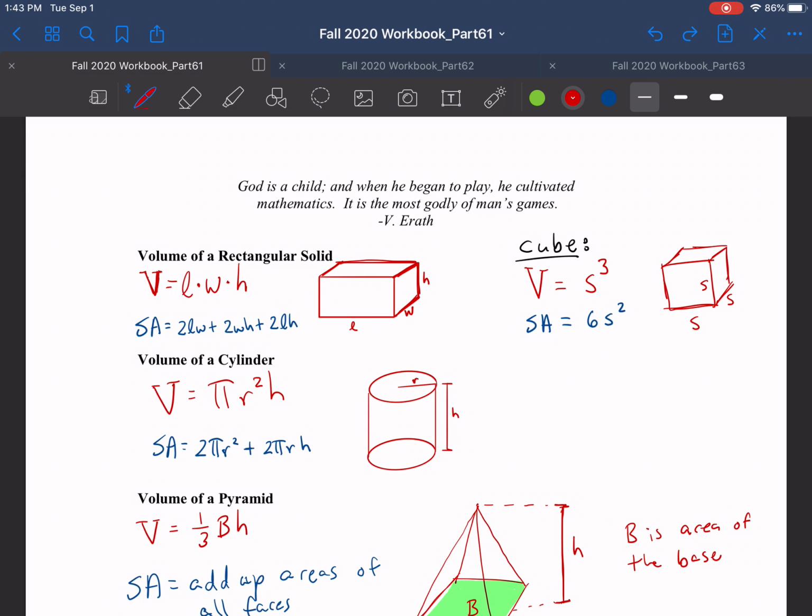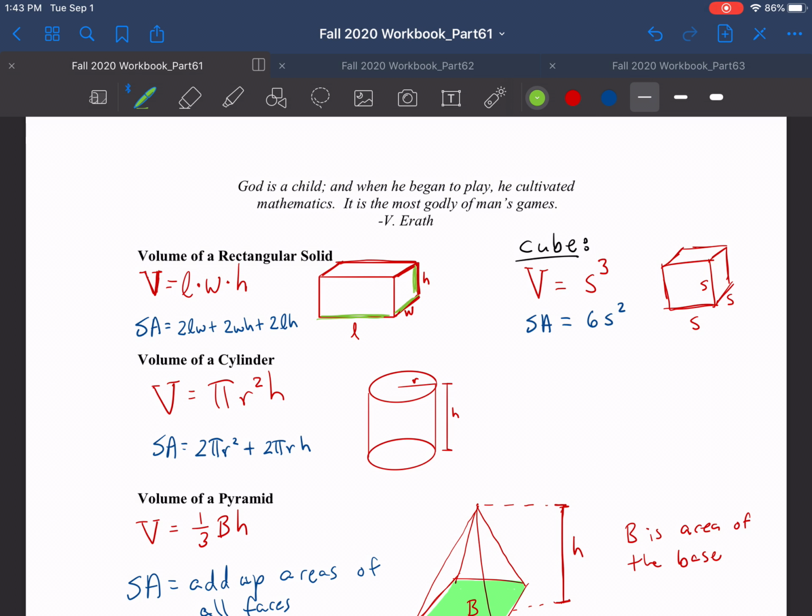Let's start with the volume of a rectangular solid. I drew a little picture here for you, and it's right there. Basically it has a length, a width, and a height. My L here kind of looks like a little E, so L, length, width, height. Length is this side here, width is kind of its depth, and height is how tall it is.